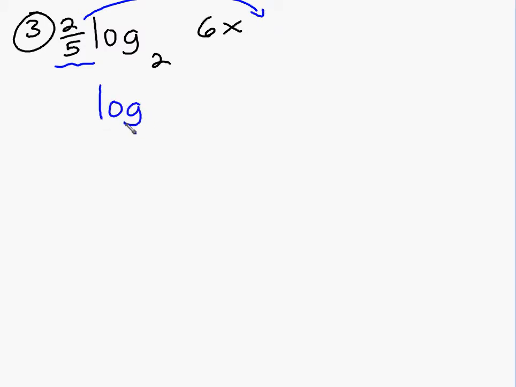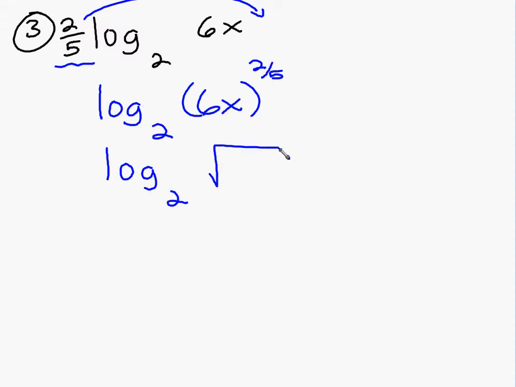It will be log base 2 of 6x, the quantity, to the 2/5 power. Now, isn't there another way I could write that with the radical? Just in case you're checking them in the back of your book and they write it as a radical, I could also write this as the 5th root of 6x, the quantity squared. I could also write it that way. Just be aware that they might do that.